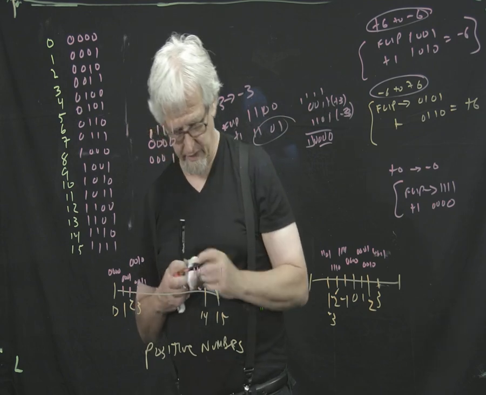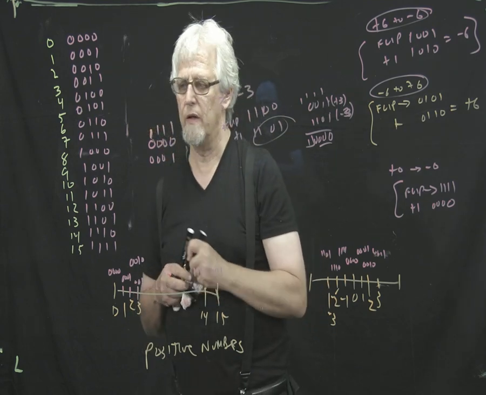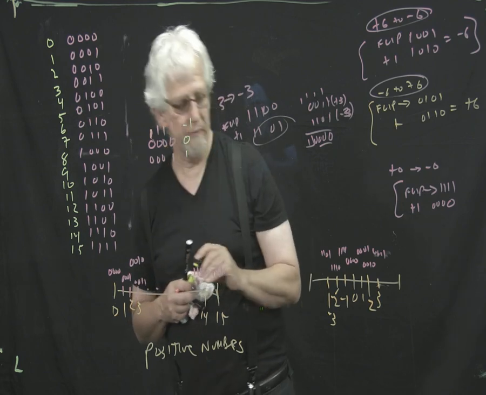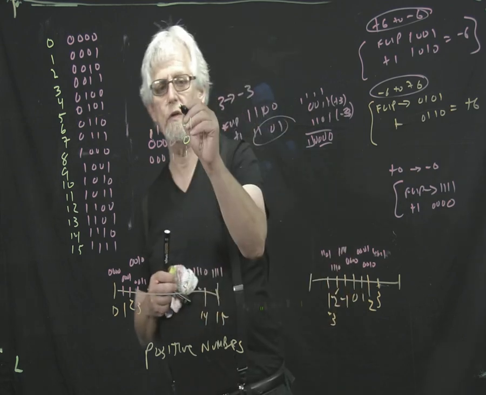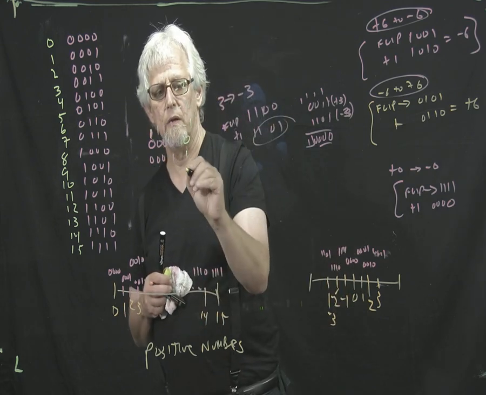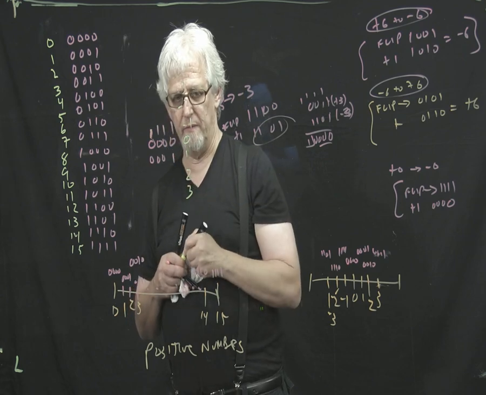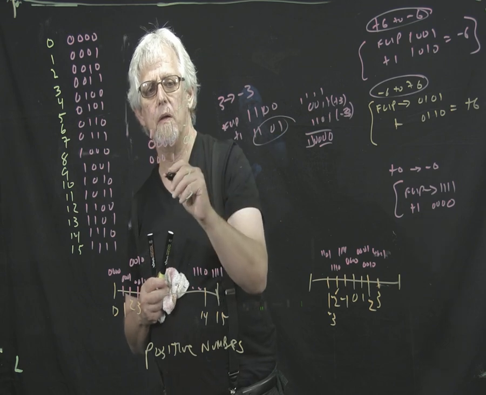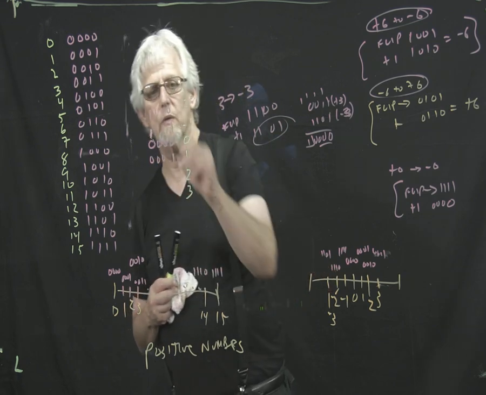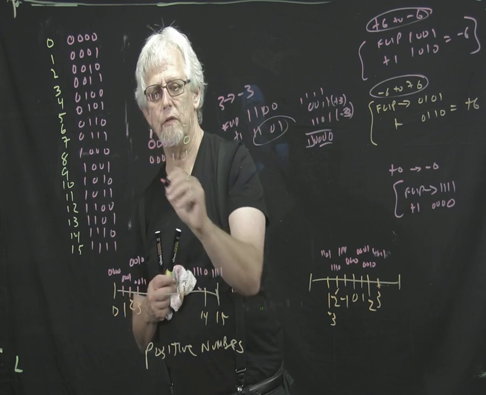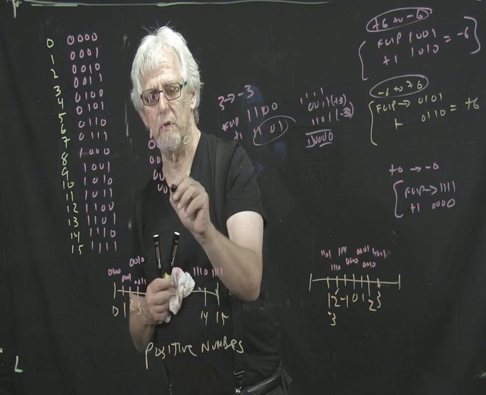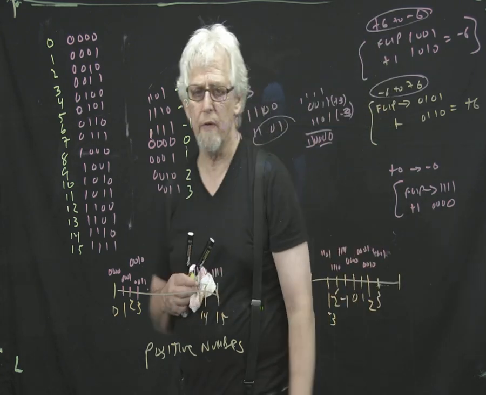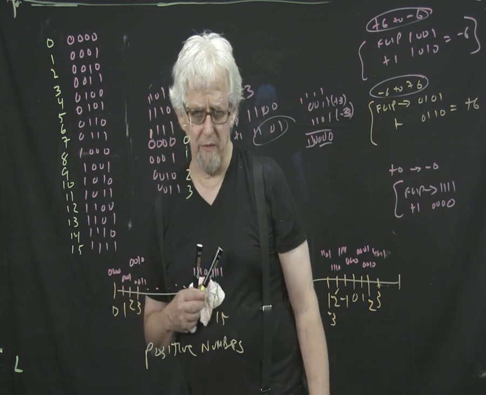So if I want to put my numbers up there in green, that's going to be 0, 1, minus 1, right? Minus 2 was 1, 1, 1, 0. Minus 3 was 1, 1, 0, 1. Plus 2 is 0, 0, 1, 0, 3 is 0, 0, 1, 1. Okay? So this is kind of what our number line looks like in binary.